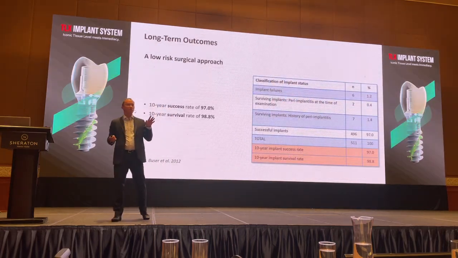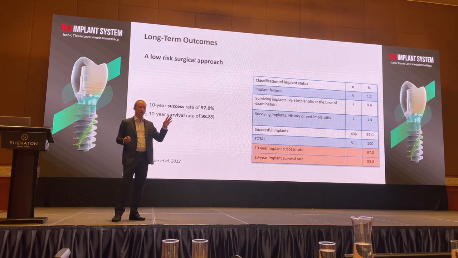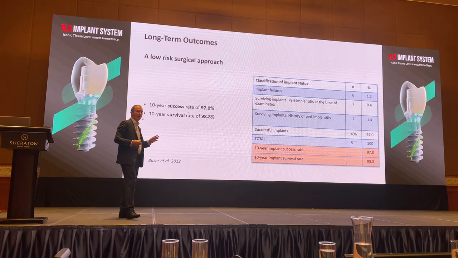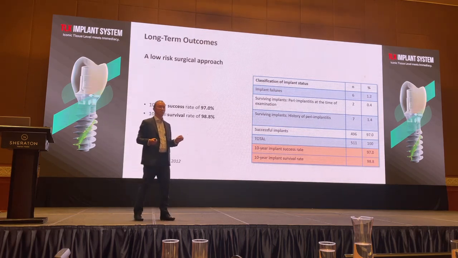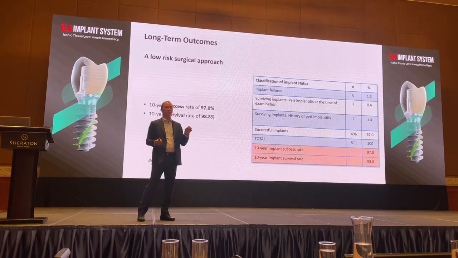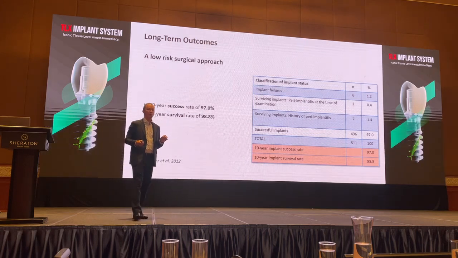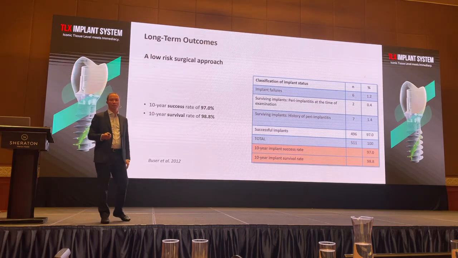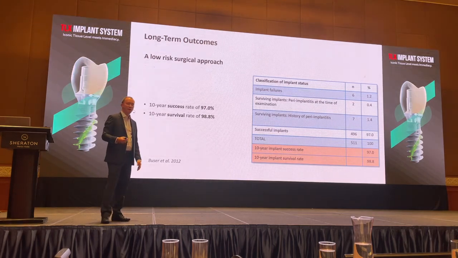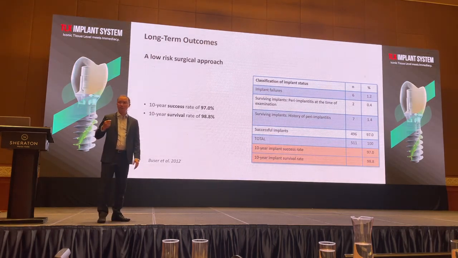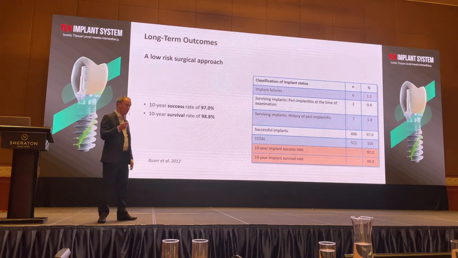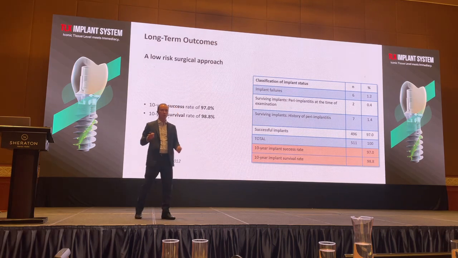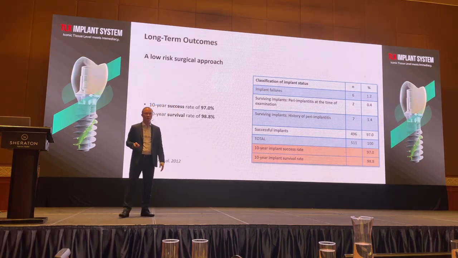Professor Buser showed a 10-year survival rate of 98.8% and a 10-year success rate of 97%. So this is the absence of complications. Over 10 years, only 3 out of 100 implants developed a complication. Incredibly low. I wish in my practice I would be as low as that. But I do immediate implants. Sometimes we do a little bit of risky procedures that increase our chances of failure.